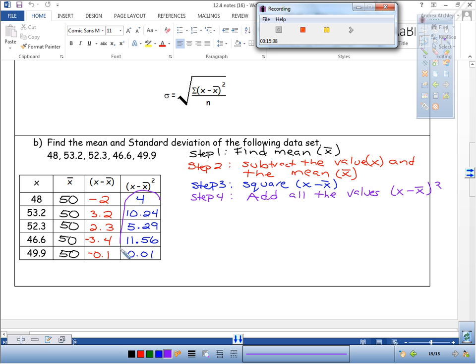Let's add all these numbers up. And that's going to give you the sum of all the values minus the mean squared, which is that top part of my formula.